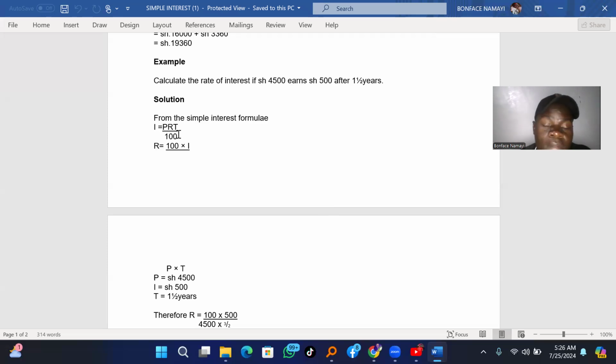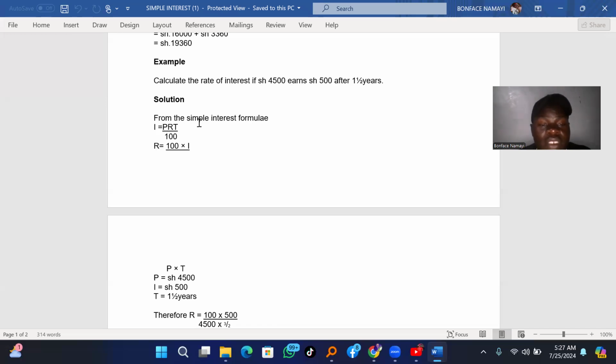To make R the subject of the formula, we divide both sides by PT.